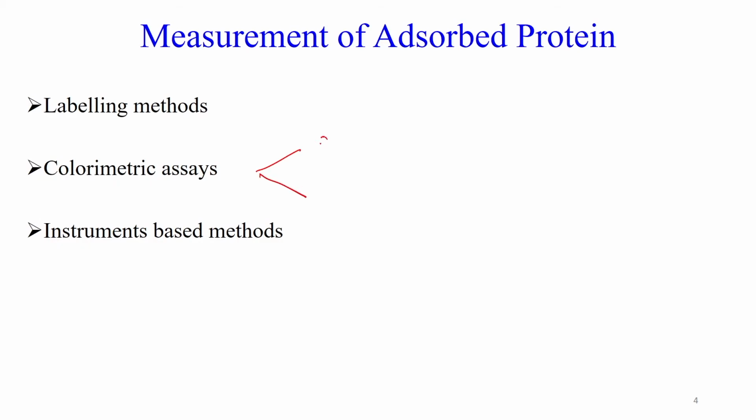In the colorimetric method, we see the concentration of the protein. That we can do in two ways, one is in the solution, the other is on the surface. Solution means we call it solution depletion: the protein was there in the bulk solution, and when it adsorbs on the surface there should be a decrease in its concentration.